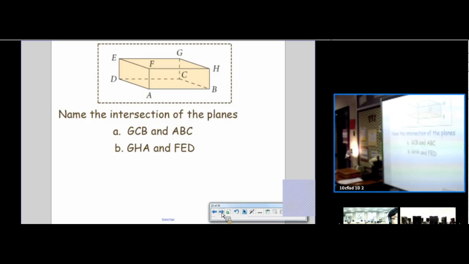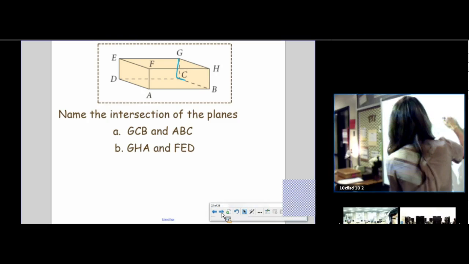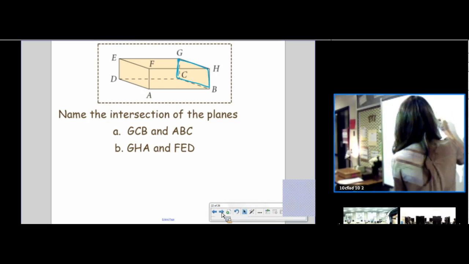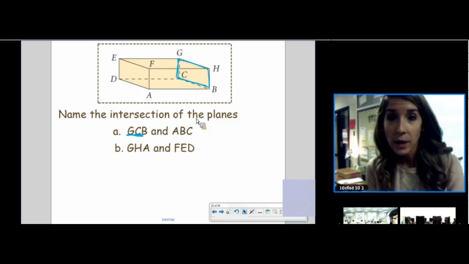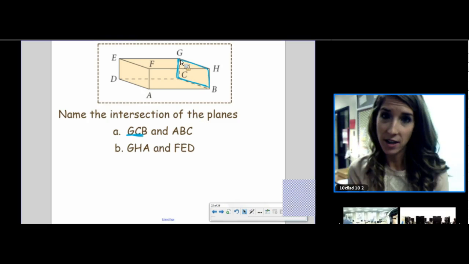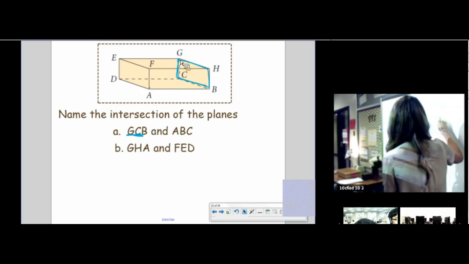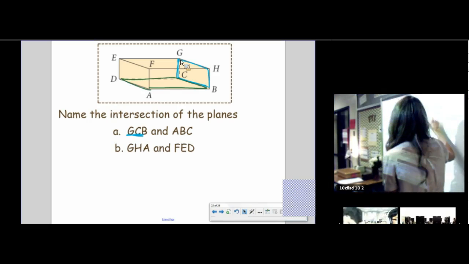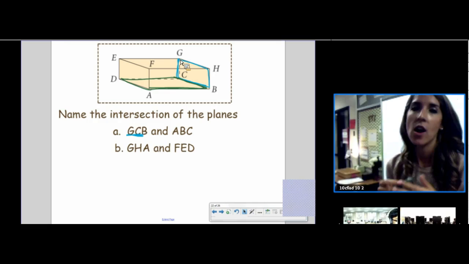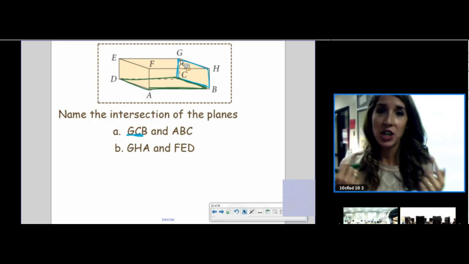Name the intersection of the planes. Name the intersection of GCB and plane ABC. You only need three letters to name a plane. So it's pretty much saying, where is the green touching the blue?